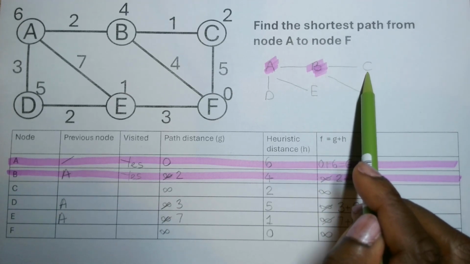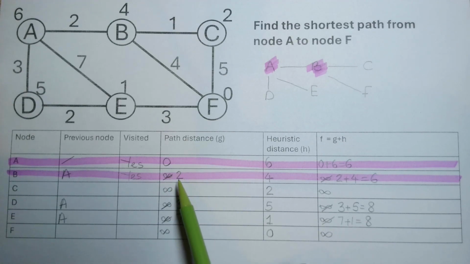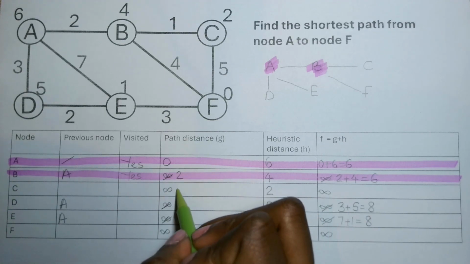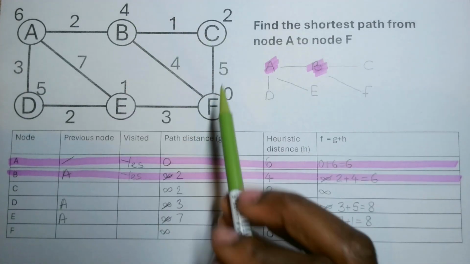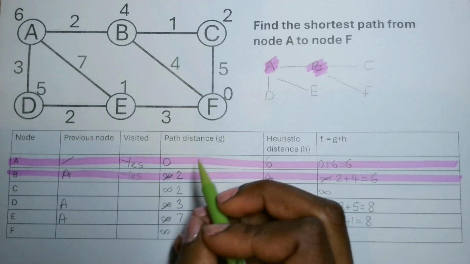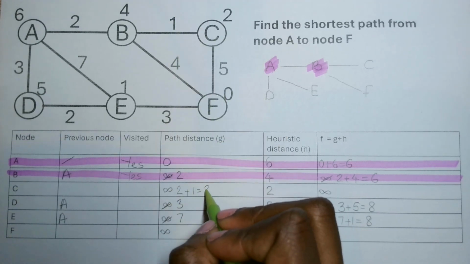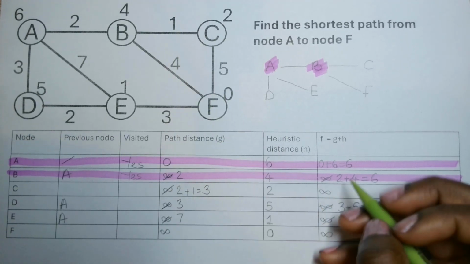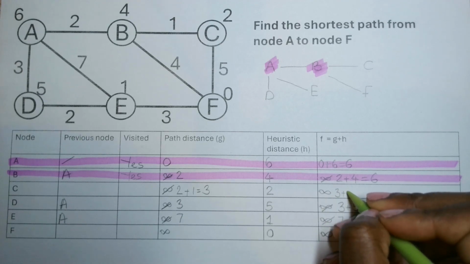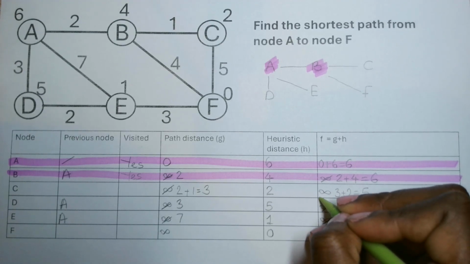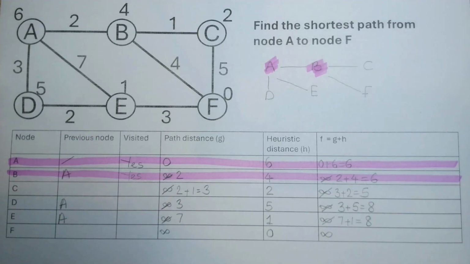B to C is going to be 2 plus 1, so that's 3, which is smaller than infinity. 3 plus 2 is 5, smaller than infinity.